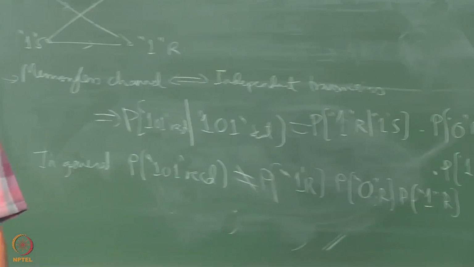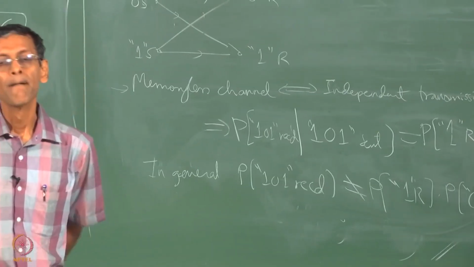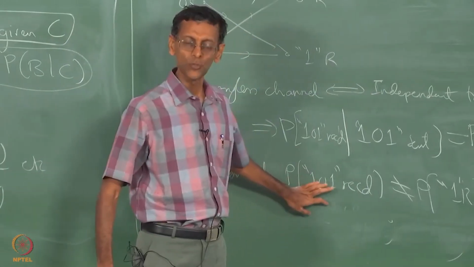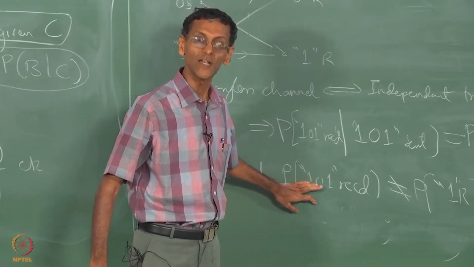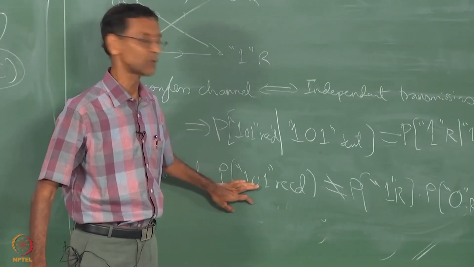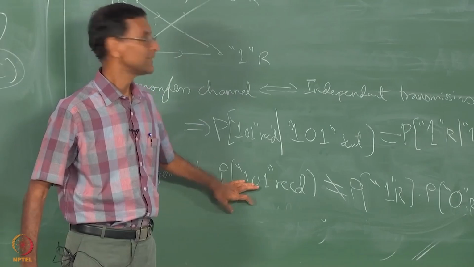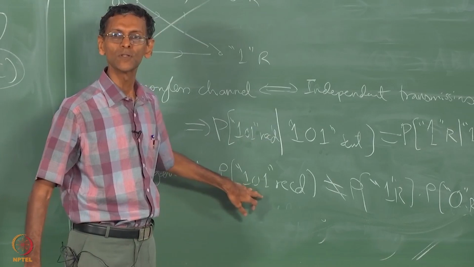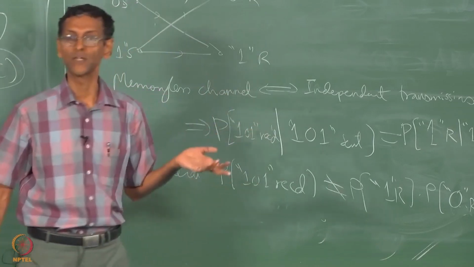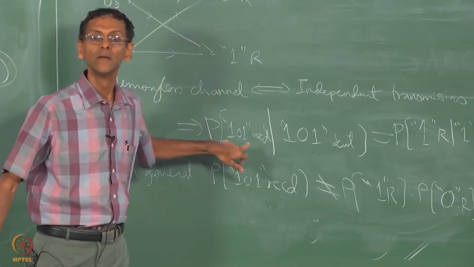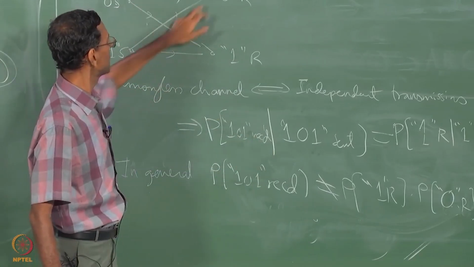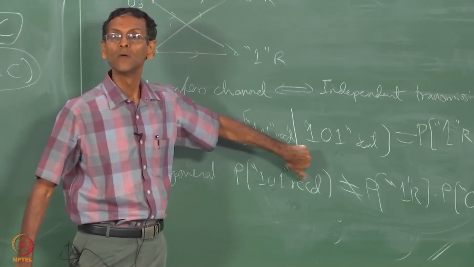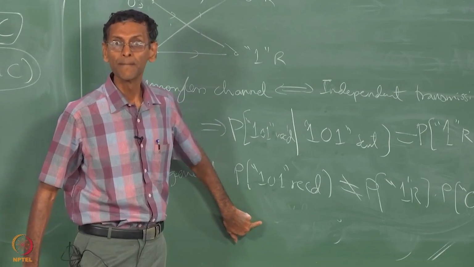This overall probability requires you to know how the input sequence 101 was formed. The other one does not; it looks only at transmission. This one is a combination of both the transmission and the input and prior probabilities. That one requires only transition probabilities. So if you know, for example, 0 given 0, 1 given 0, those things, that's enough to write it out, whereas for this, that's not enough. Is that clear?